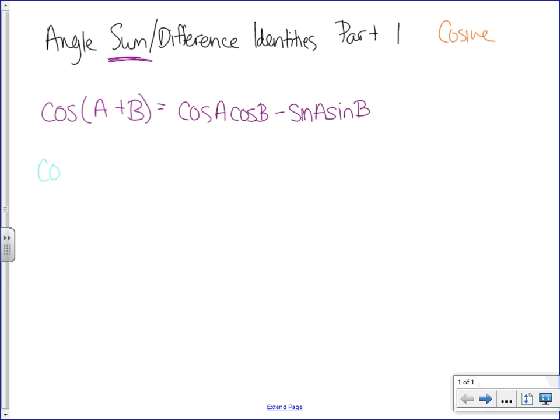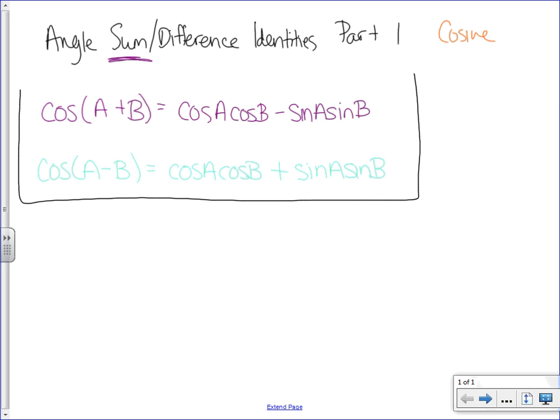When we do the difference of the cosines, that means we're doing the cosine of A minus B. That is going to be cosine A cosine B plus sine A sine B. So these are the two new identities that we need to have memorized.